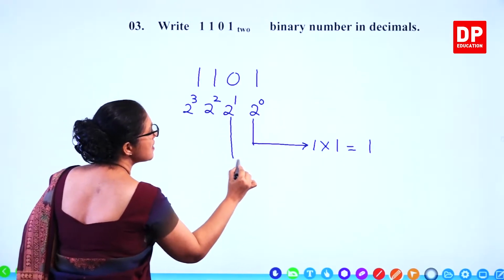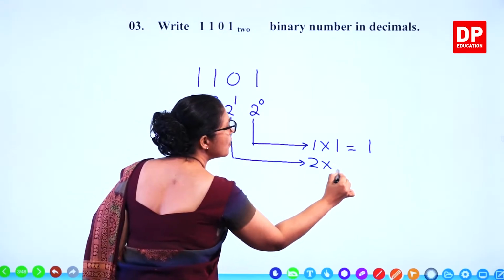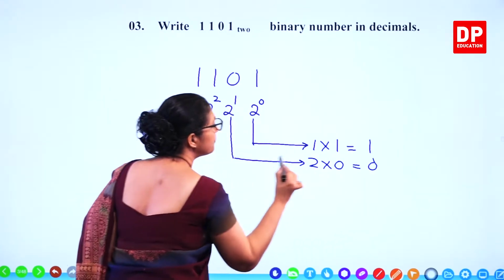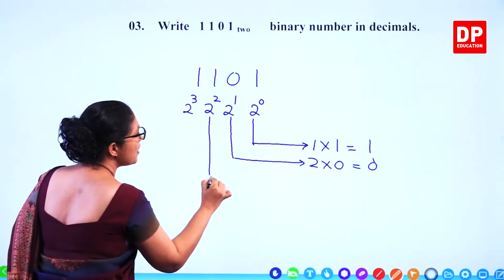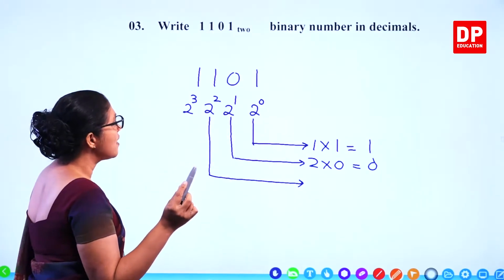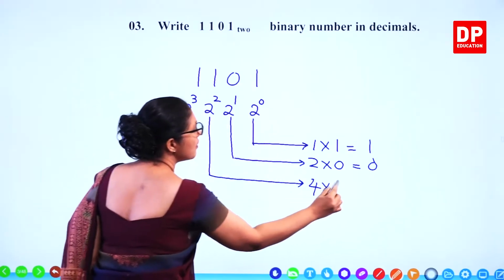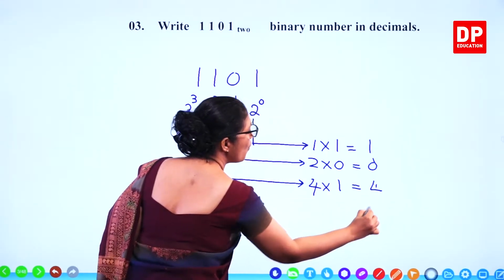The next is 2 to the power 1, which is 2, times 0. That's nothing. What about the next number? This is 2 to the power 2, which means 4. 4 times 1 is 4.